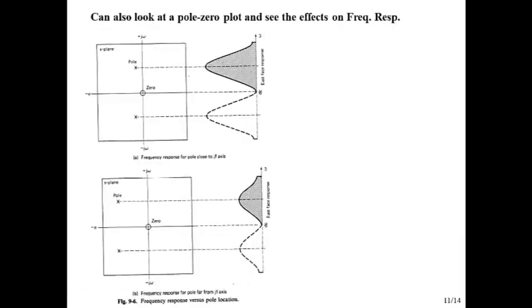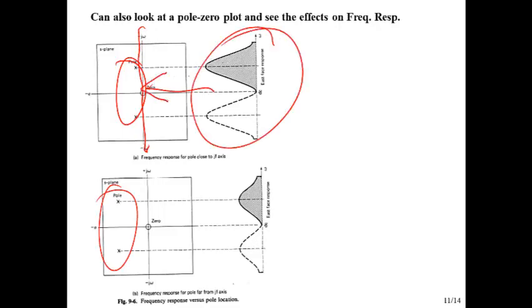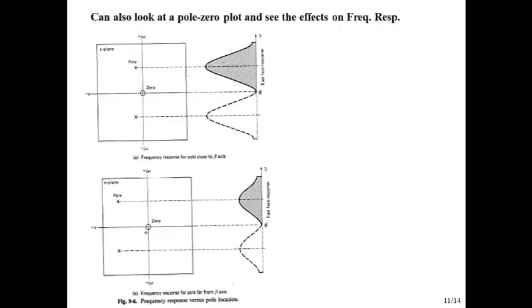And so this is that same system, just showing a couple different locations for the poles. So we've cut through the j omega axis, we're looking in from the side, and this is what we would see. What we're showing here is that when the poles are close to the j omega axis, we get pronounced peaks.